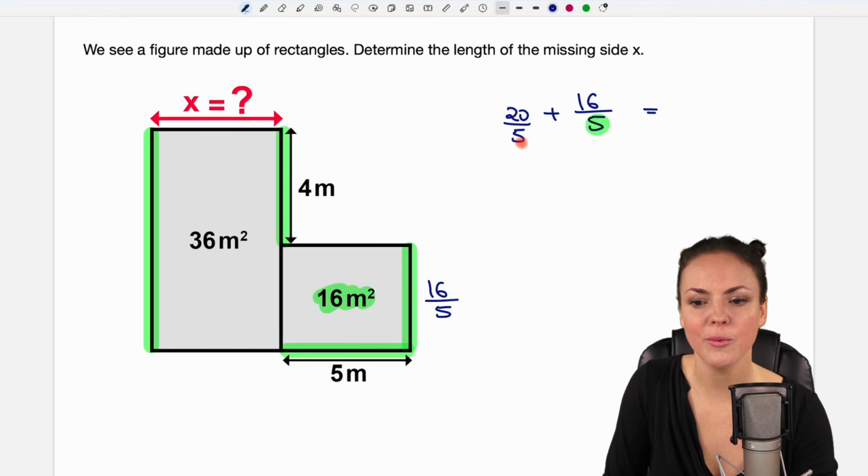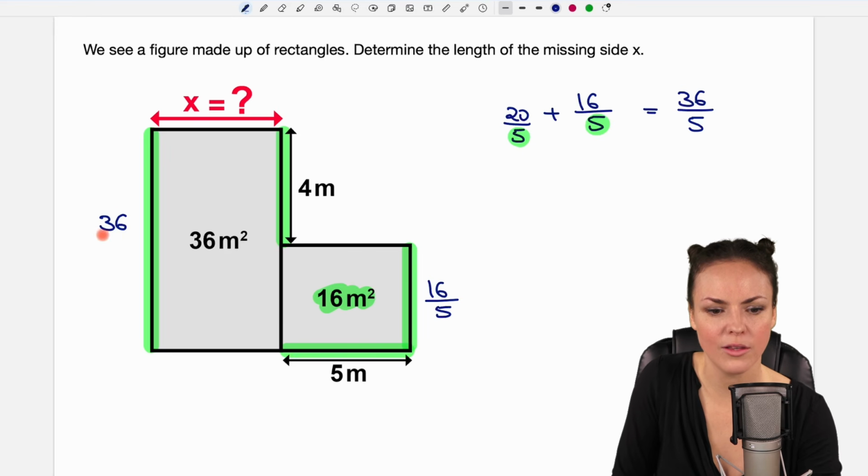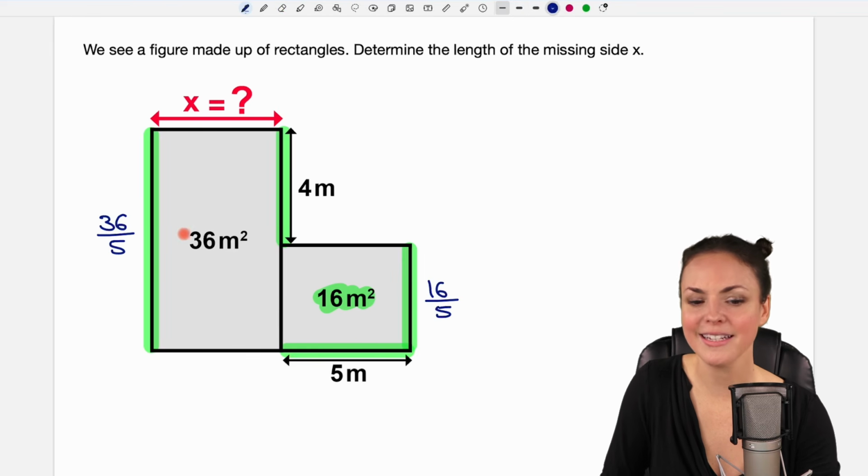And now we have common denominators, so now we can add those two fractions. We keep the denominator, and with the numerator we have 20 plus 16, which equals 36. So we know this side is of length 36 over 5. Okay, now we are in our big rectangle here.